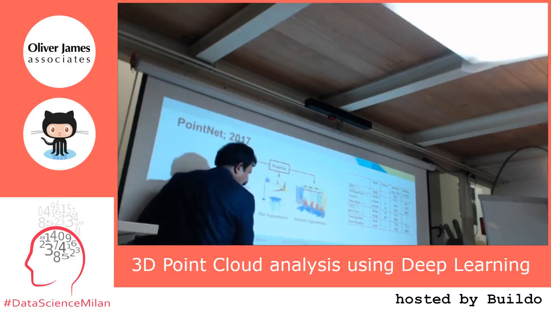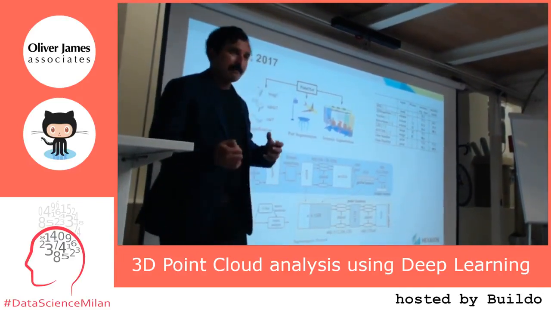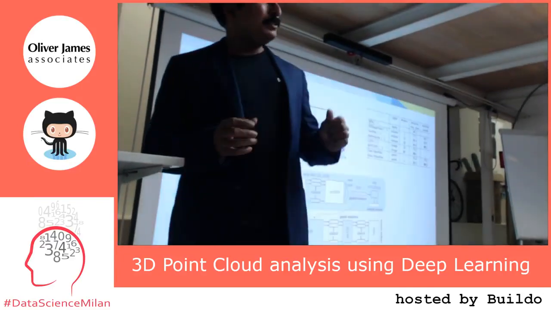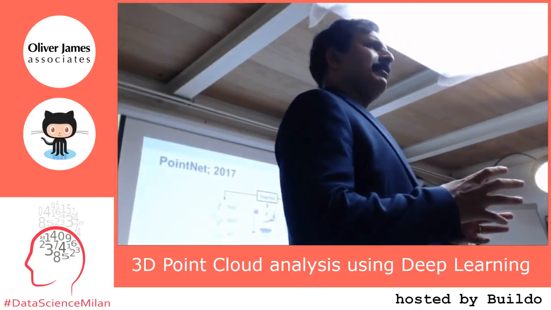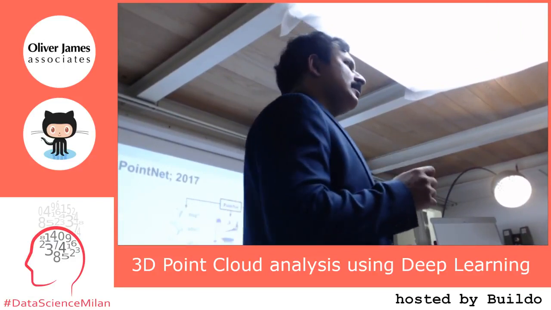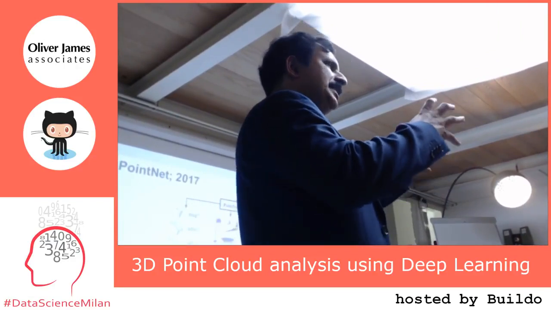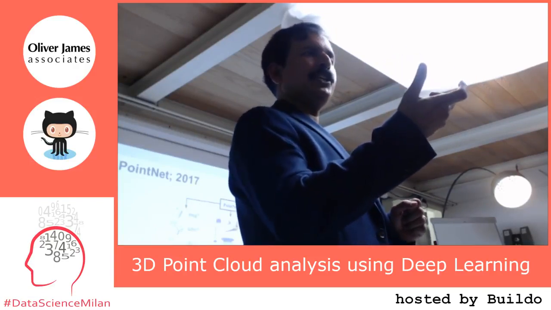Once this data goes through the multi-layer perceptron, towards the end they actually have a max pooling. Why do they use max pooling? They wanted to have a symmetric function on the point cloud, because the point cloud is invariant to ordering.